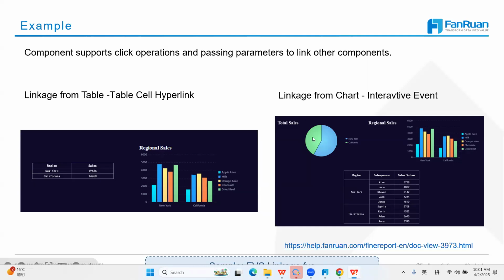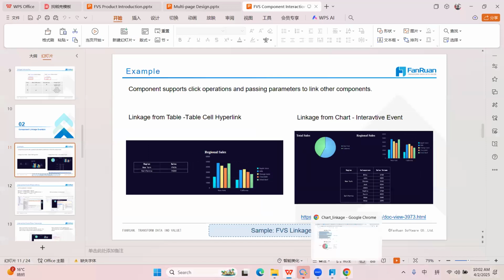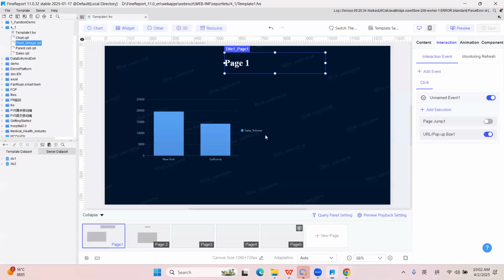When I click New York in the pie chart, this will be product sales only containing New York. And here, the table only containing the region New York. So that's the effect I want. That is actually the linkage from this pie chart to the column and to the table, right? So how can I achieve the linkage like that? I'm actually achieving it by the component linkage.